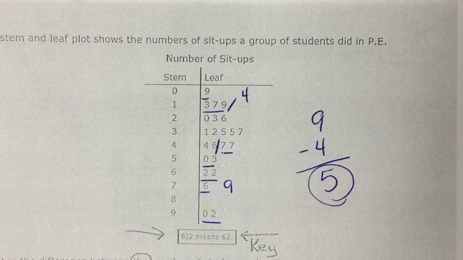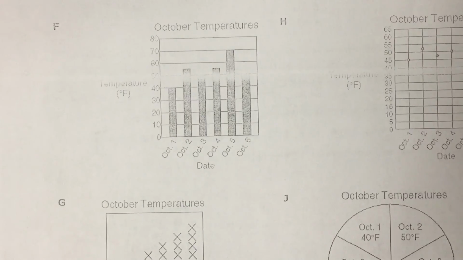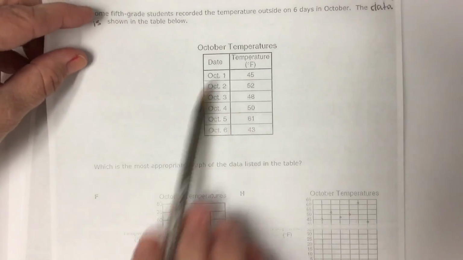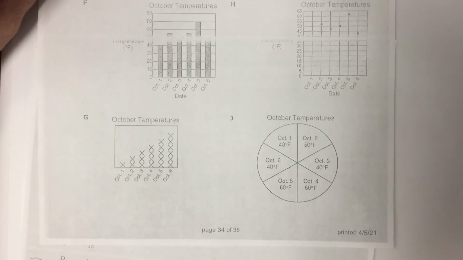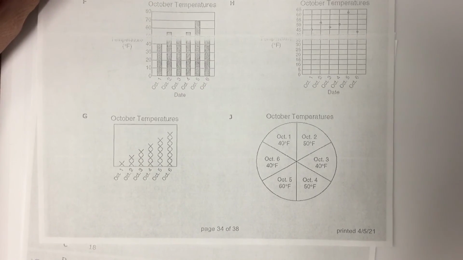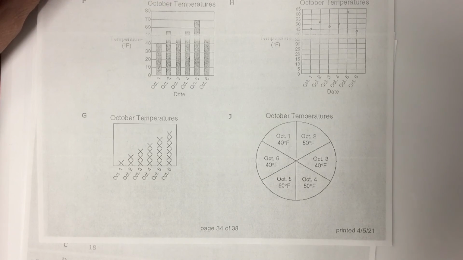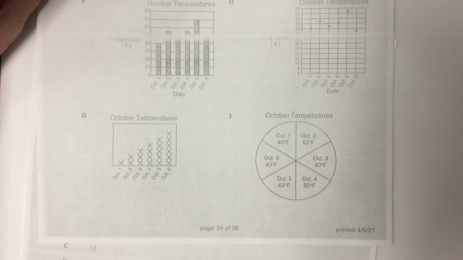And you just have to figure out which chart fits the best. Okay? So it looks like this. You're looking to see which one of these matches the data that you have here. If one of these or 2 of these is not one that we have talked about, then process of elimination would say you would get rid of those.